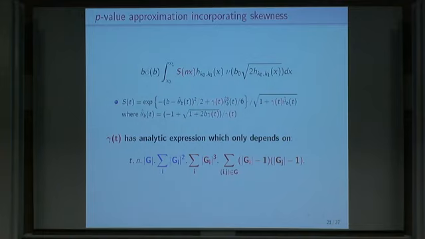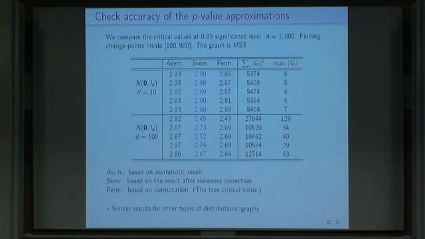Next, we would like to check whether this approximation works or not. Here is a simulation result. In this case, the number of observations is 1,000, and there's no change point here. The table shows the critical values at the 0.05 significance level.